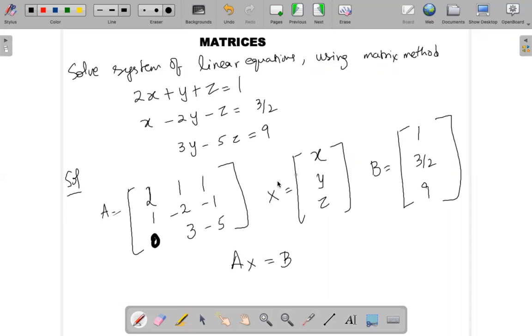Again, do the row process, choosing the first row.